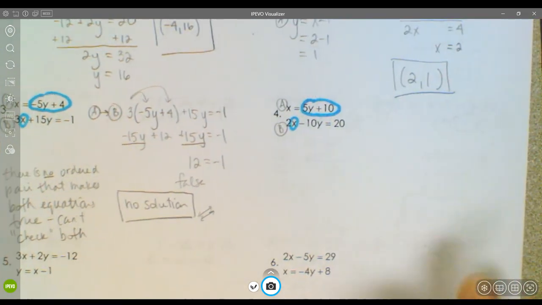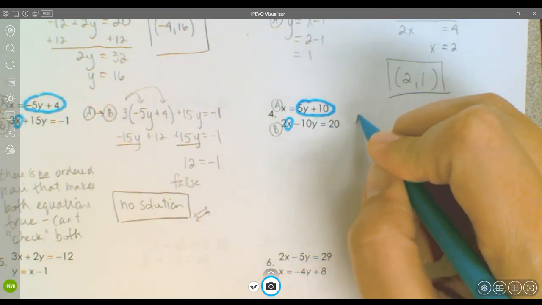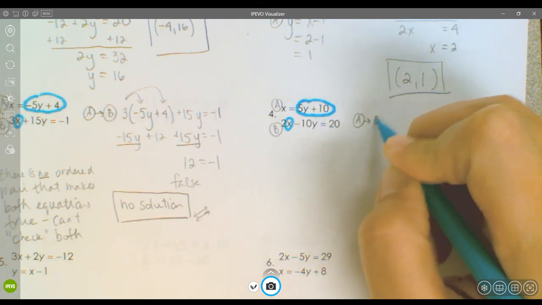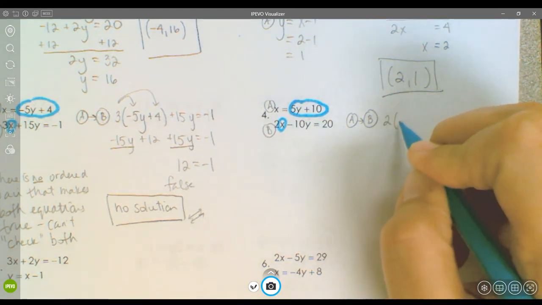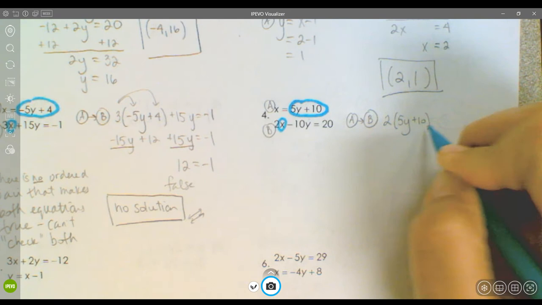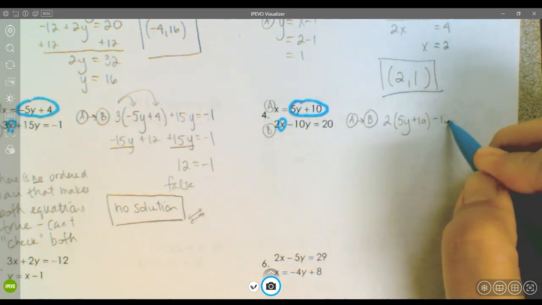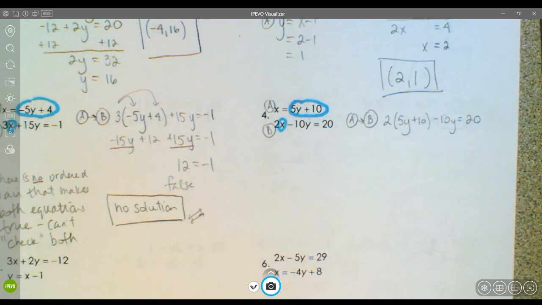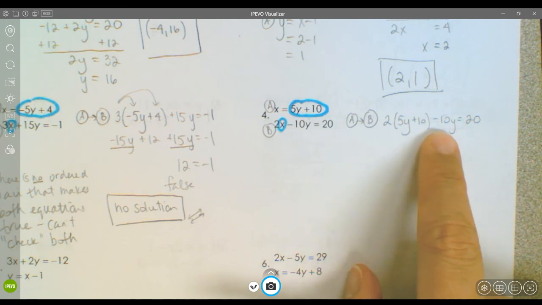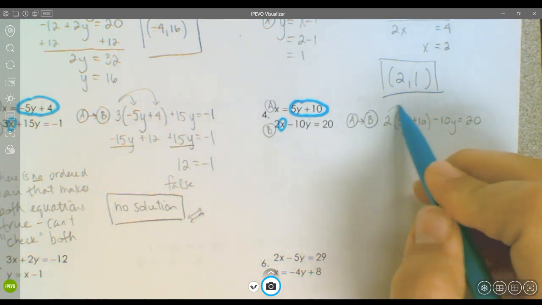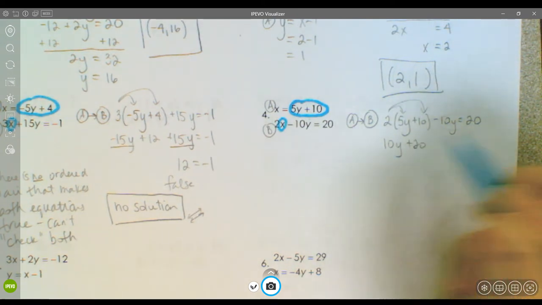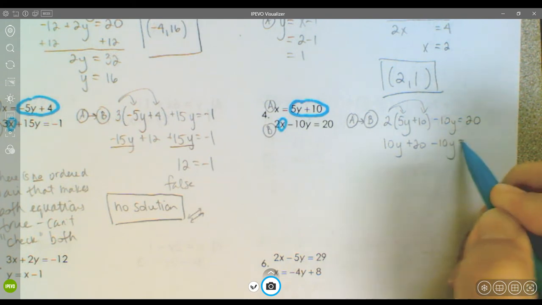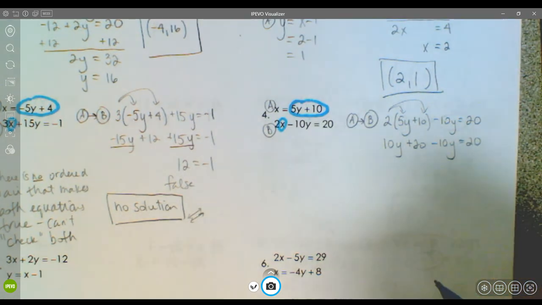So my information from equation A will substitute into equation B. So instead of 2 times x, I have 2 times 5y plus 10 minus 10y equals 20. Did I do this correctly? 2 times x minus 10 times y equals 20. Yes, I did. So now we're going to distribute, and I get 10y plus 20 minus 10y equals 20.